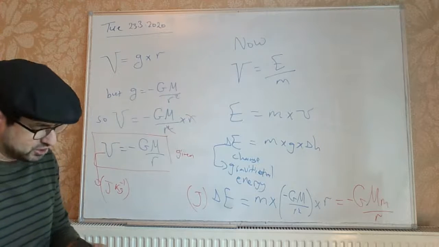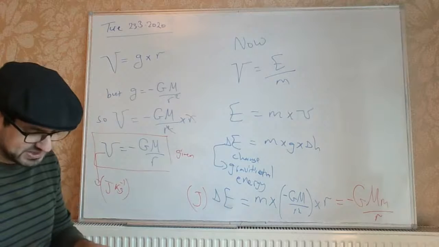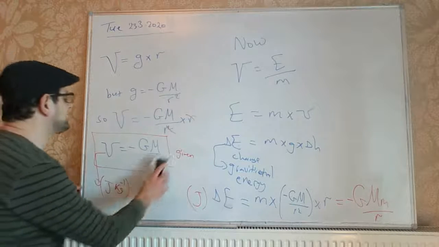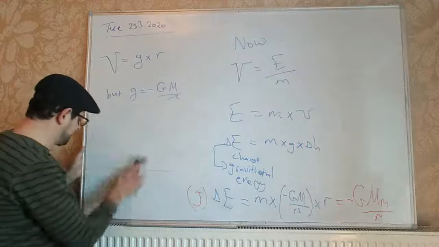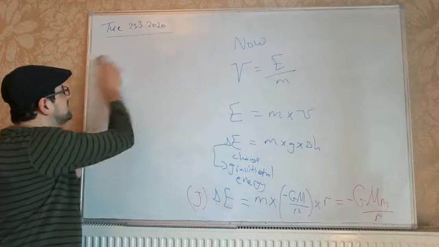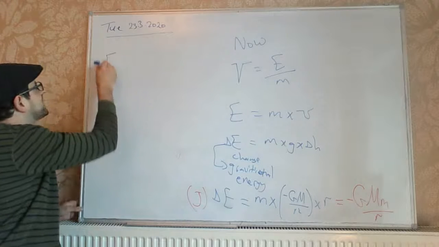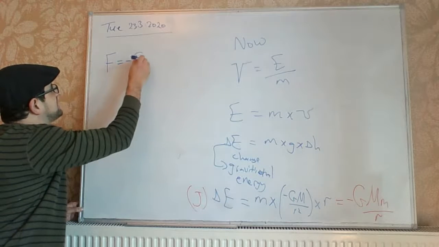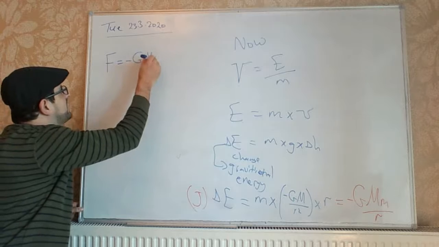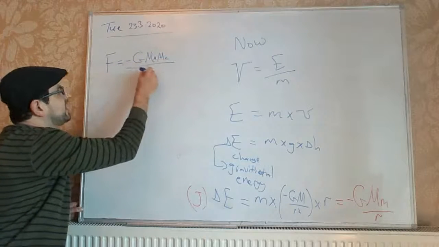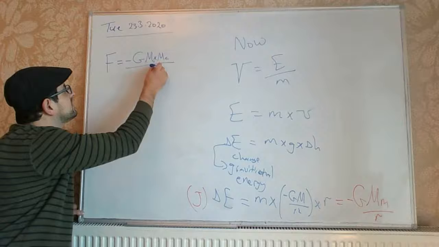We wrote so many equations there, so I will try to summarize them, just to let you know the most important equations that you need to remember. Starting from the beginning, the gravitational force is negative G m1 m2 over R squared.